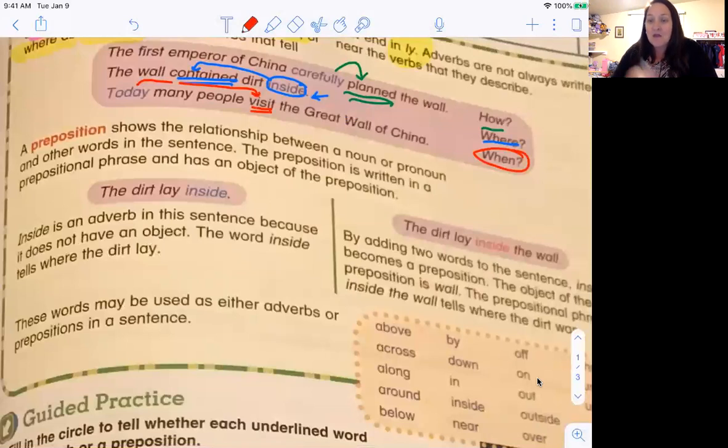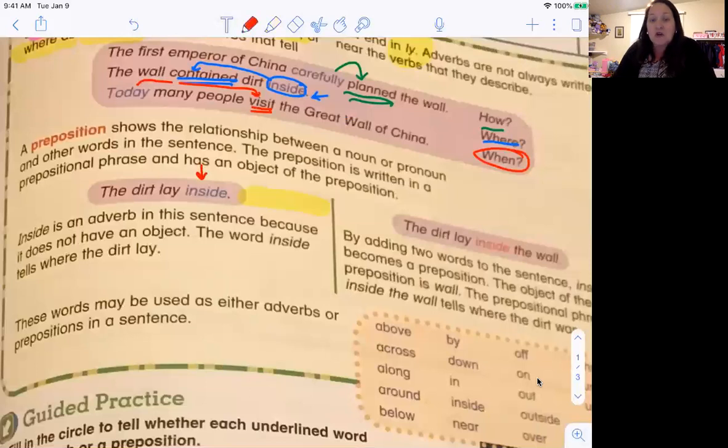Now, some of you guys will be able to easily see that the word inside has nothing that comes after it, right? So if it has nothing that comes after it, it cannot be a preposition, even if you don't know if it's an adverb or preposition. If there is nothing that comes after that word inside, inside has to be an adverb. And it's asking the question, where? Inside. But let's look at the second sentence over here.